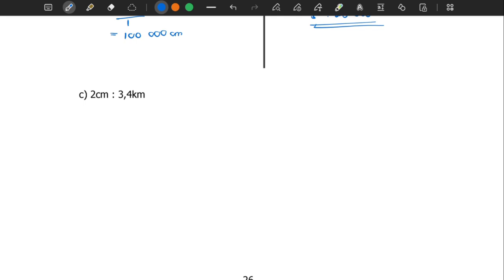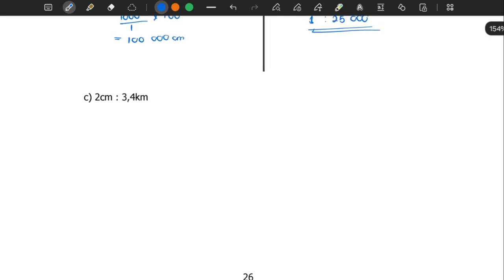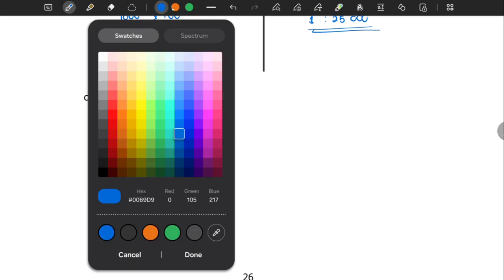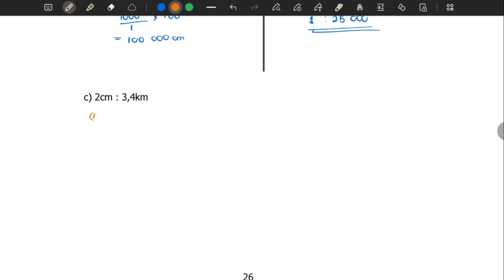And then the next part is 2 centimeters is 3.4 kilometers. So as we've done before, convert kilometers to centimeters, but first via meters.